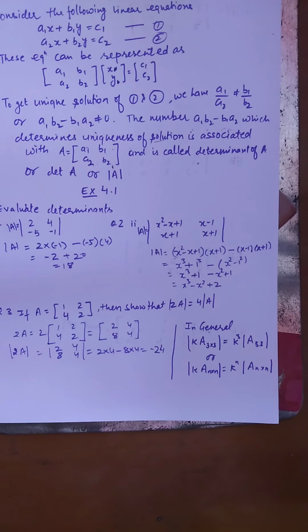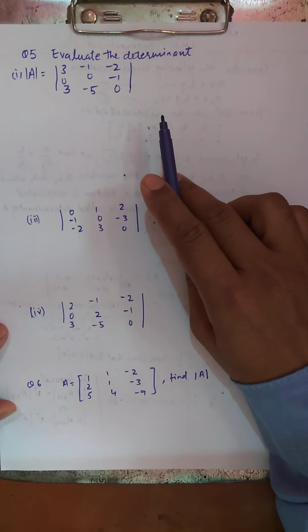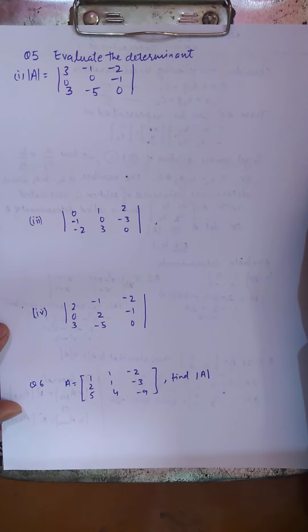So we'll move further to question number 5. Question 5 has 4 parts, so I have taken 3. Now we have to evaluate the determinant. There are actually many ways of calculating the determinant.